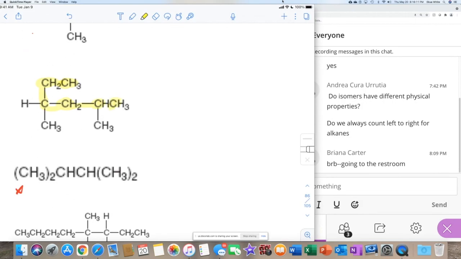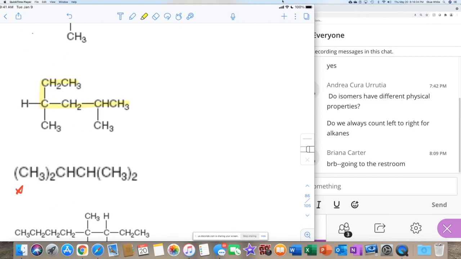Okay, that's 6. Okay, let me try it differently. One, oops, wrong thing. 1, 2, 3, 4, 5, 6. I think that's my longest combination, right? So I'm going to do it that way. So here, this will be my longest chain, okay?